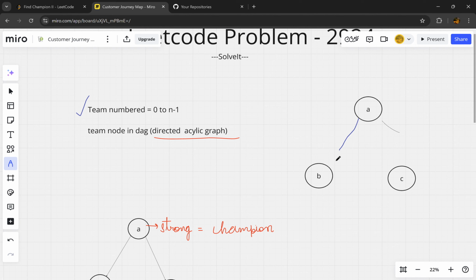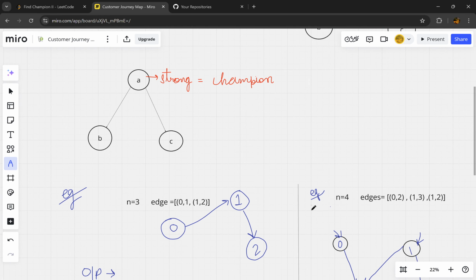In case we are given something like this, this means undirected because there is no direction mentioned. But in this case, if I add arrows here, I will know that A is a winner in comparison to B, and A is a winner in comparison to C, right? According to the question, whatever data is given as A and B and C, this is undirected, we need a directed one.